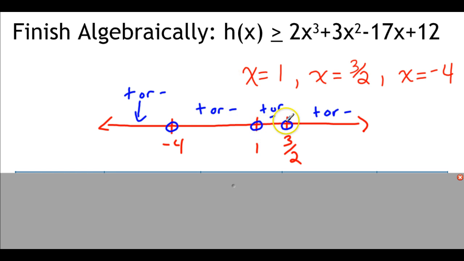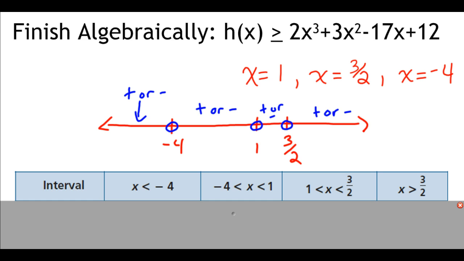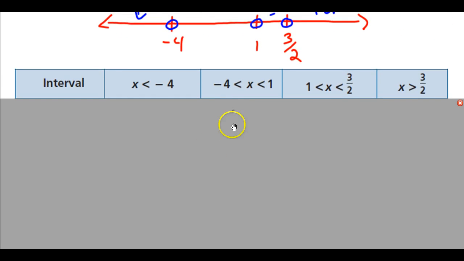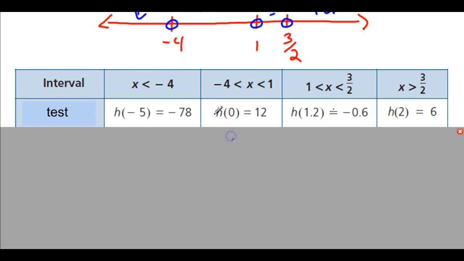The point 1 is a key point, and the point 3/2 is a key point because those are the zeros. That means I'm going to be above that or below that in each of these intervals. And so if I'm looking at the algebra, I'm basically just going to look at each of those sections individually.